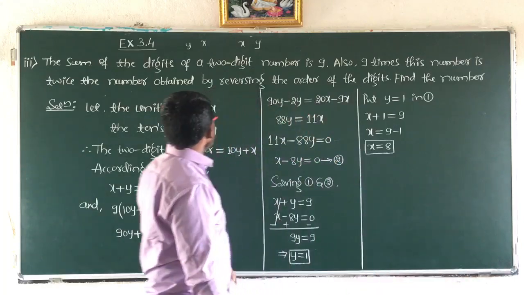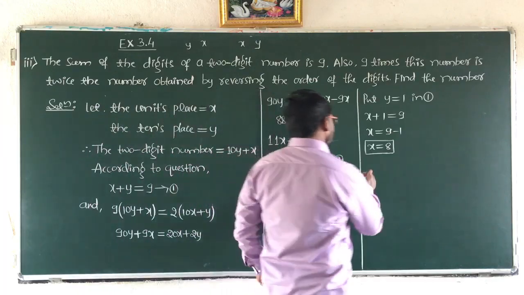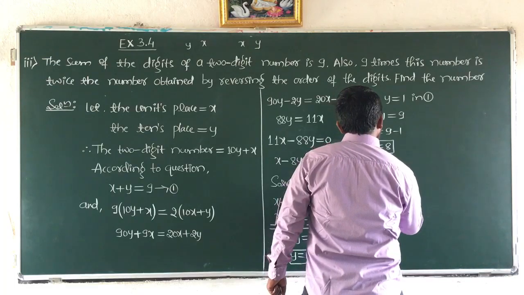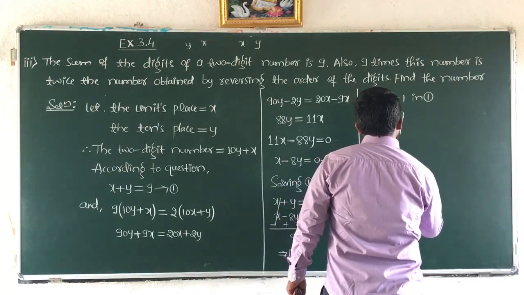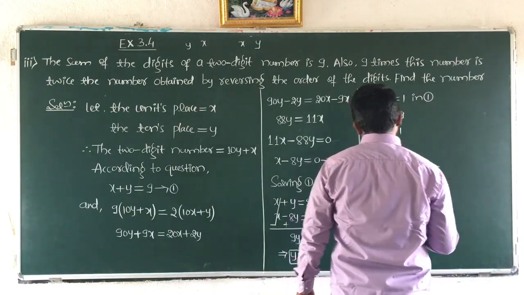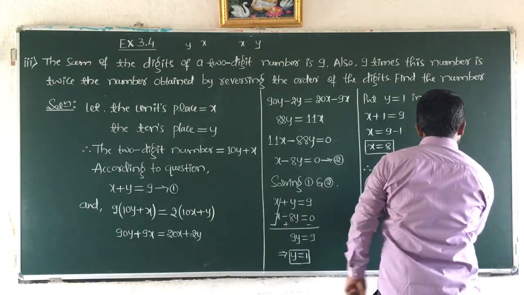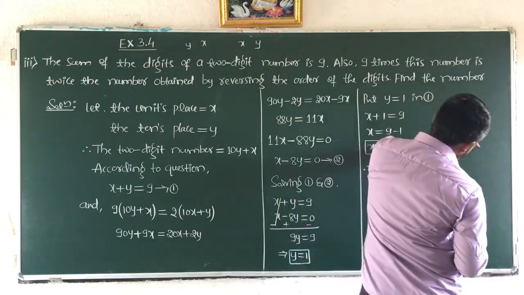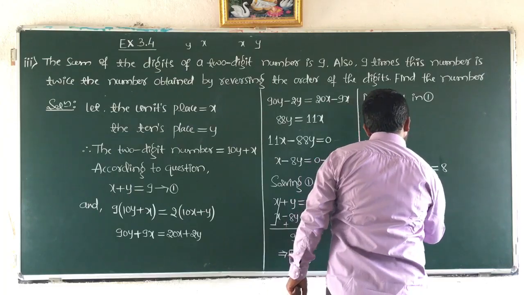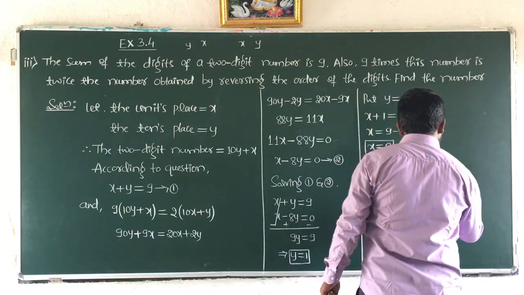So what is x here? It is the units place, and the tens place is y. Therefore, the units place is equal to 8, and the tens place is equal to y, that is 1.